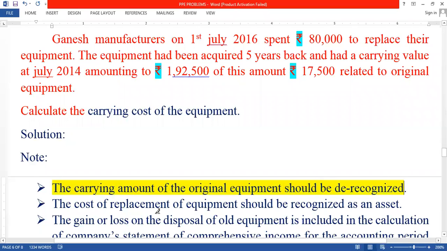Here there is no information about the original equipment. They only tell us the amount of rupees 17,500 related to the original equipment. It is not an asset. We recognize it as an old asset. Therefore, in this problem, de-recognized means we are not recognizing it.